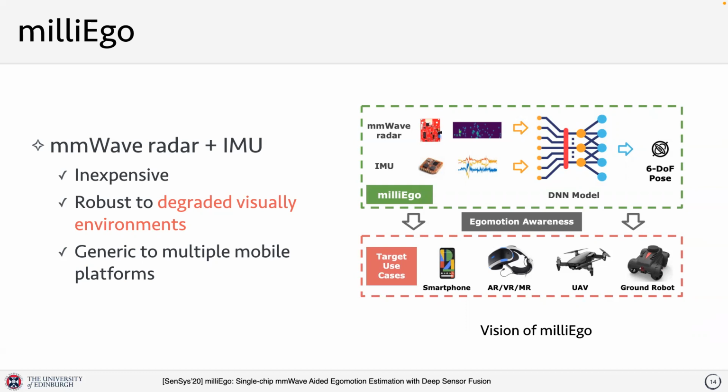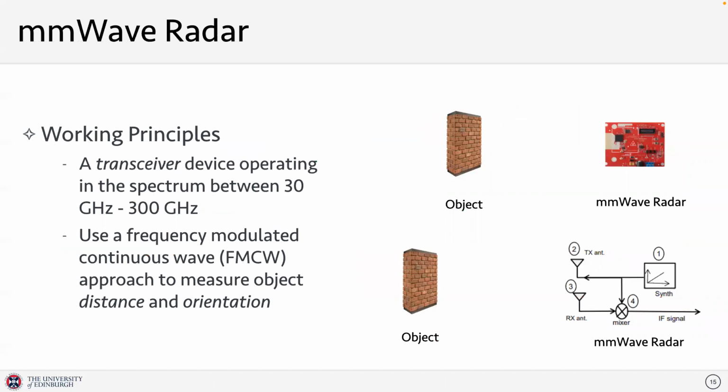Well, to understand the milli-ecosystem better, let's first have a look at the working principles of the radar, which is also the focal point of this work. A millimeter radar, or radar in short, is a transceiver device operating in the spectrum between 30 gigahertz and 300 gigahertz. It works by transmitting the FMCW wave to the surroundings, and the transmitted wave can be reflected back from the objects in its field of view, and received by the radar again.